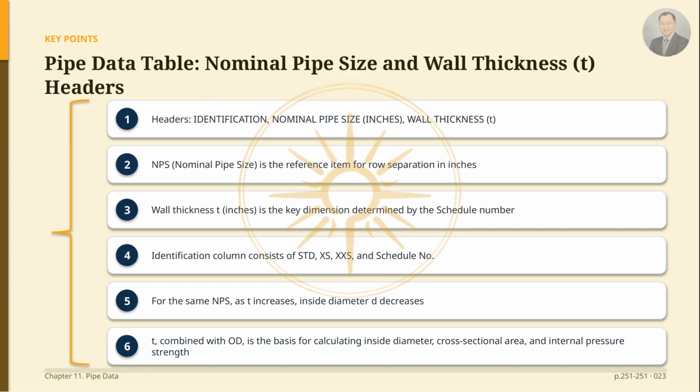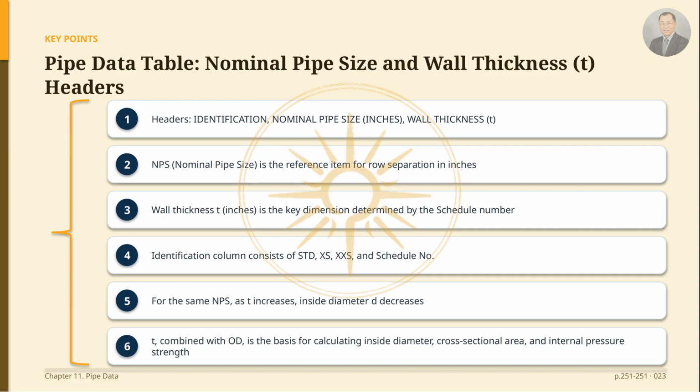This chunk contains the header items of the piping data table, and I'll introduce the identification, nominal diameter, and wall thickness. The nominal diameter is expressed in inches and is the reference item that distinguishes each row of the table. The wall thickness T is also in inches and is a key dimension determined by the schedule number. The identification column includes the notations STD, XS, and XXS, along with the schedule number.